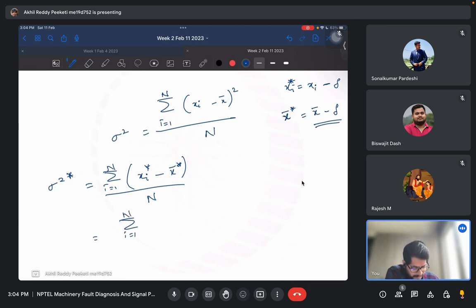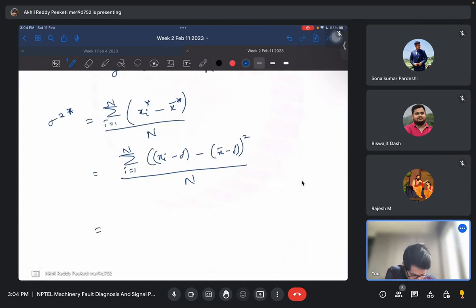But xi star is xi minus delta, and x bar star is x bar minus delta. So we have xi minus delta minus (x bar minus delta), which is xi minus delta minus x bar plus delta, whole square by n.